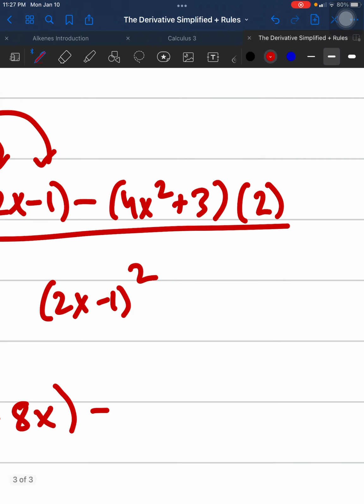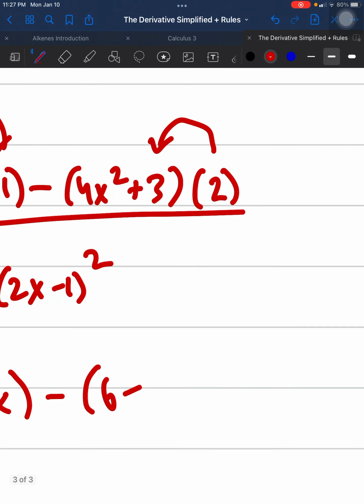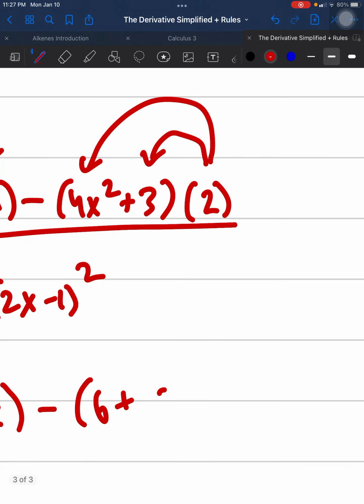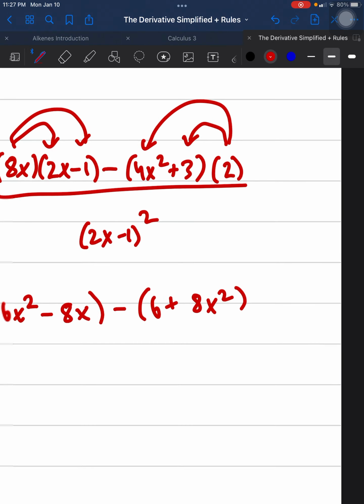Subtracted by, so this is going to be 2 times 3, which is 6, plus 2 times 4x squared, which is just 8x squared.